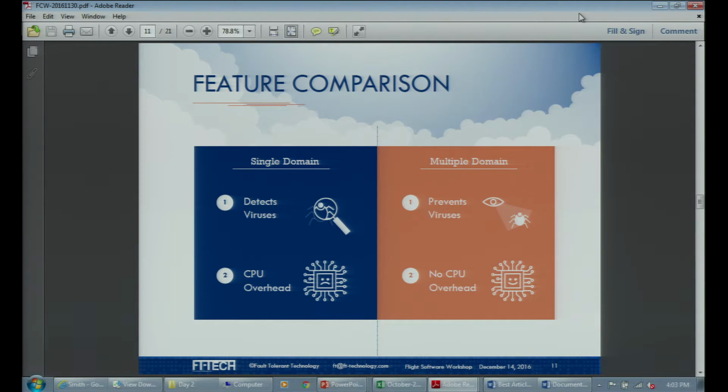In fact, the multi-domain architecture is kind of acting like a container system. So does anybody ever work with containers around here? So, you know, containers, they have like one centralized system that is acting like an ARINC 653 that doles out all the information to the partitions. But it's a lot faster.